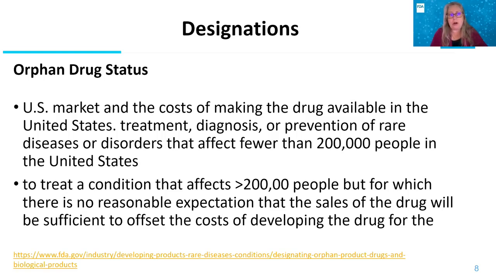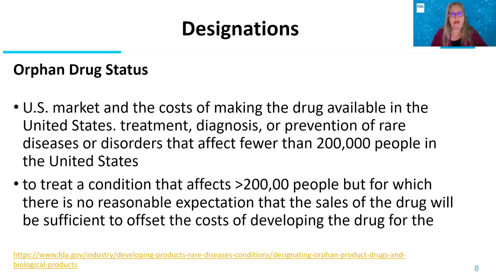And again, this is for marketing within the US. When this status is conveyed to a drug, it's not just about the drug, but also the disease it's treating. This came from the Orphan Drug Act, and if my memory serves me right, this was passed in 1983. This was a really big deal, and it provides incentives to sponsors to consider developing drugs in the rare disease populations.